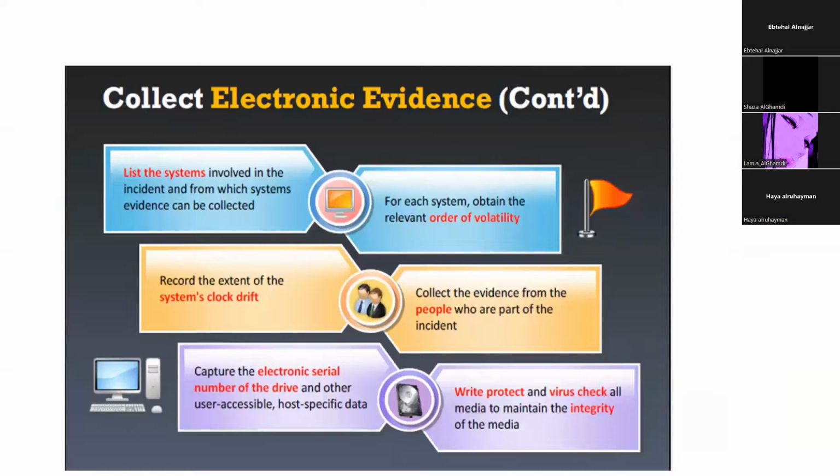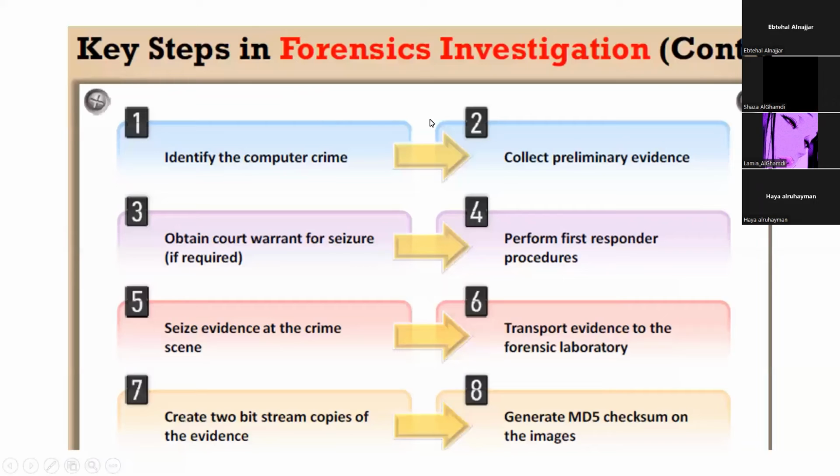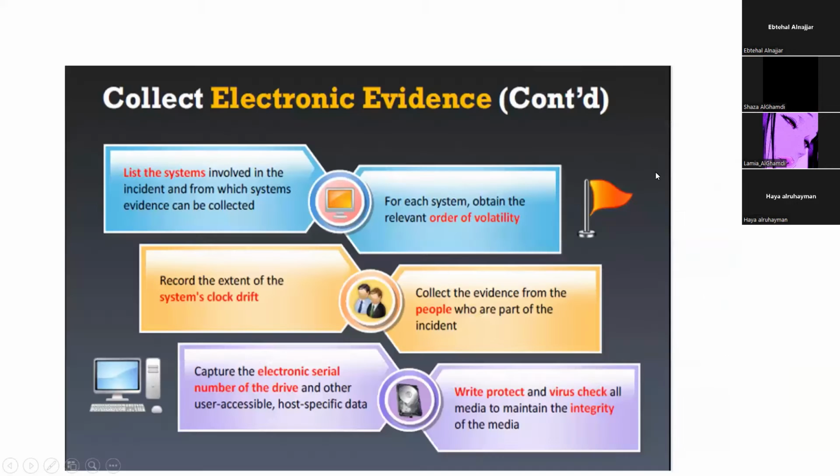Okay, guys. And then you're really in the collection phase, specifically the collection of initial evidence. You need to look at what systems were involved in this. So if you have two machines, for example, you need to identify and list all of them. The other thing here: for each system, obtain the relevant order of volatility.